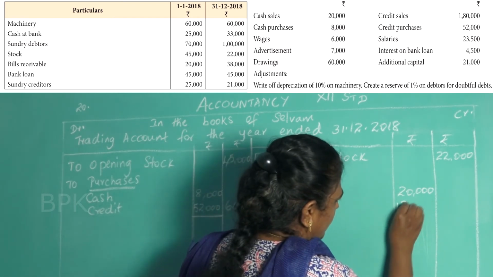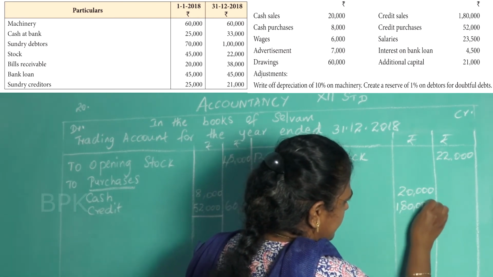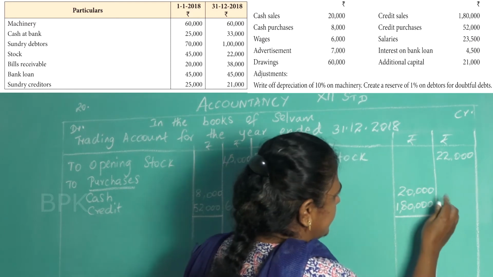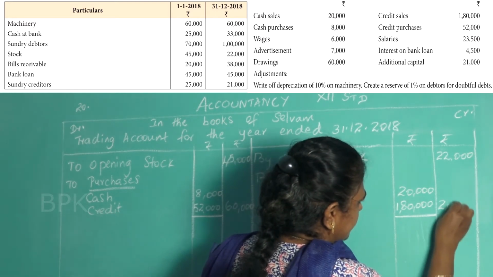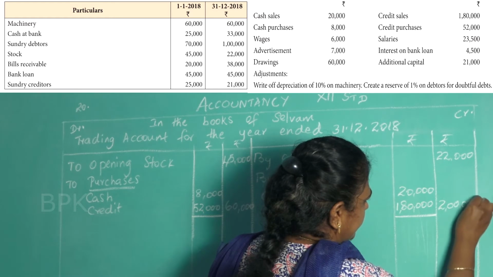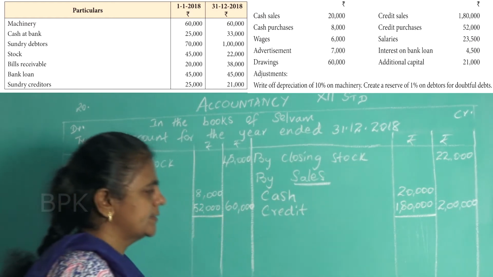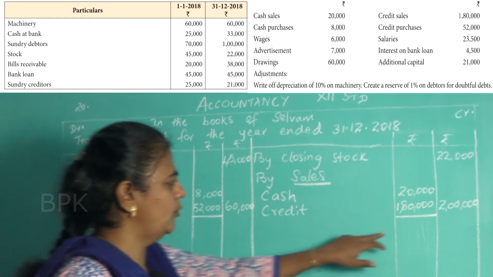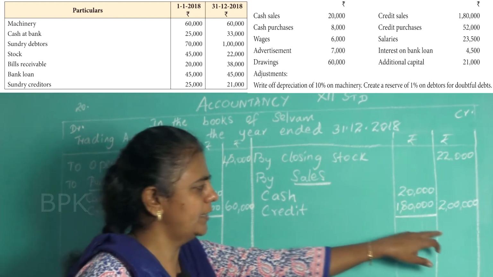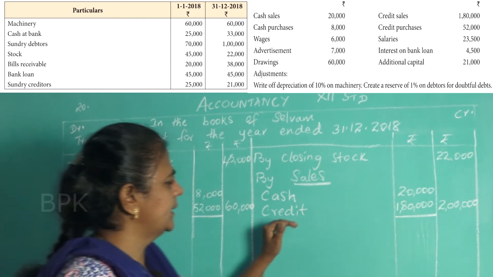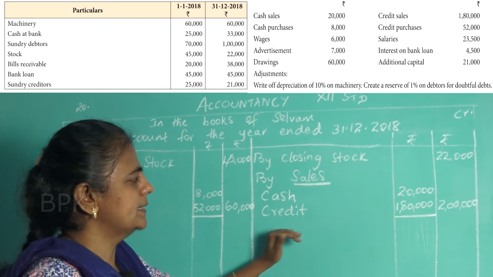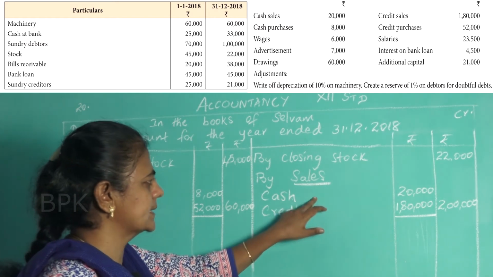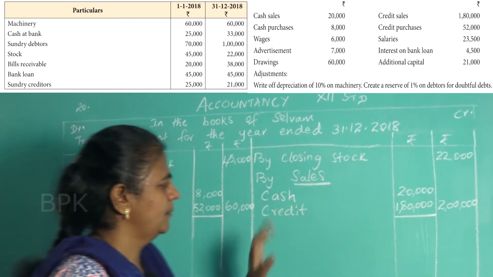Credit sales is 1,80,000. So add these two, 2 lakhs, put it here. If there is sales return, then you have to subtract, and only then write it in the outer column. But in this question, sales return is not given, only cash sales and credit sales.